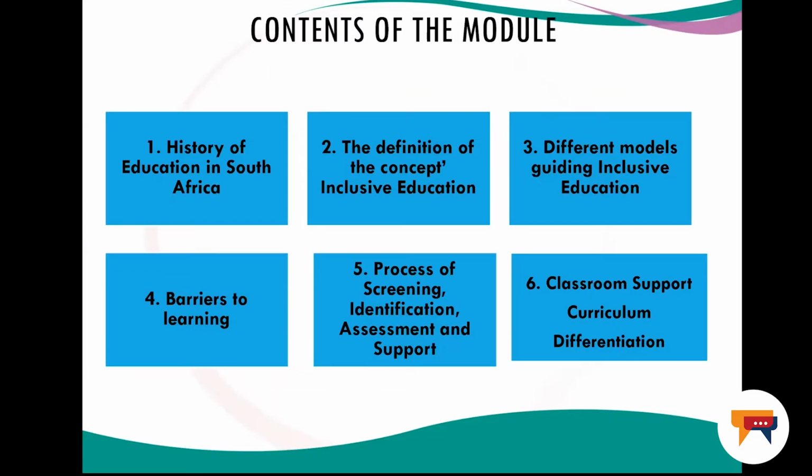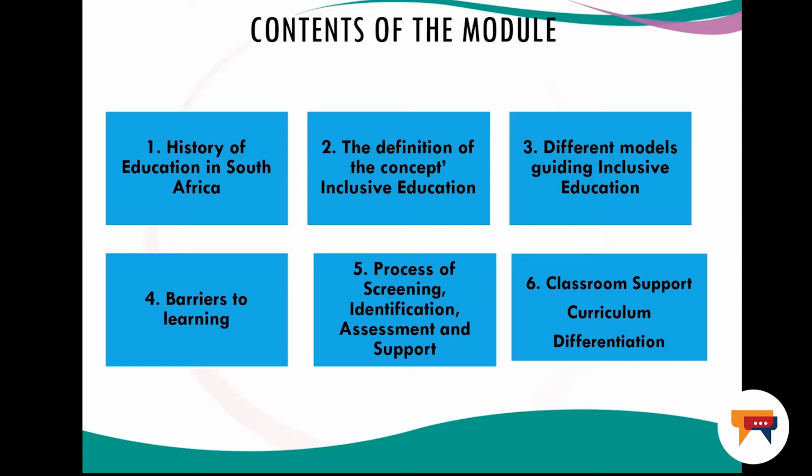So as you engage with the module, I'm sure that you have realized that it includes the following. It includes, number 1, the history of education in South Africa, as well as policies that compel schools to shift from discrimination of learners in need of additional support. It also includes the definition of the concept inclusive education.